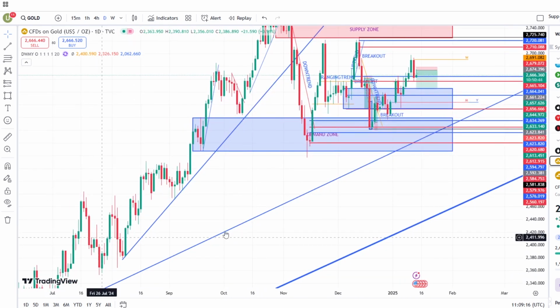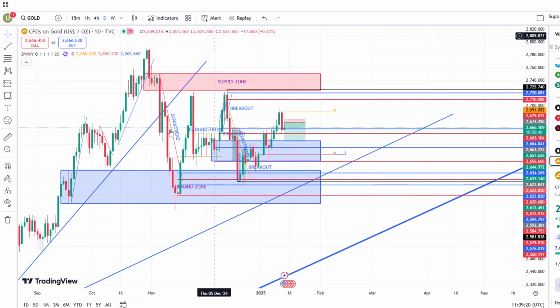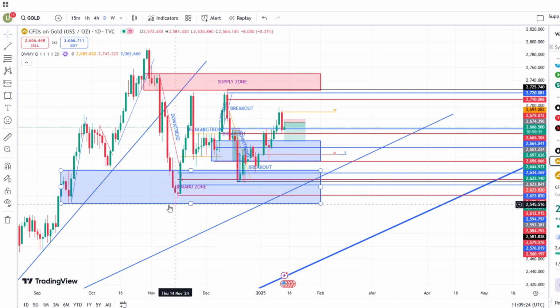So it broke out of the uptrend. Our daily time frame uptrend broke out and fell in between the supply zone and demand zone. My demand and supply zones are usually rectangles. I use these rectangle boxes.